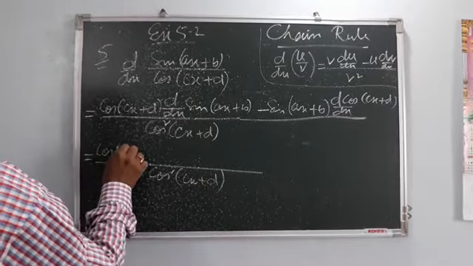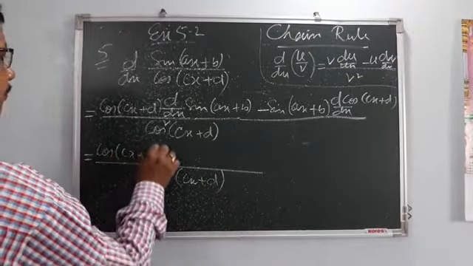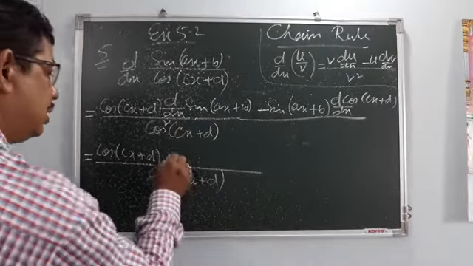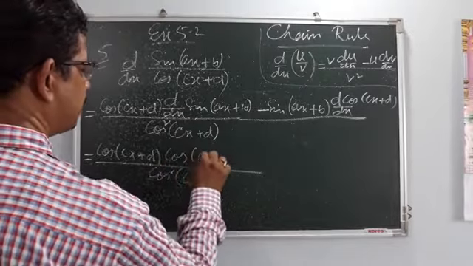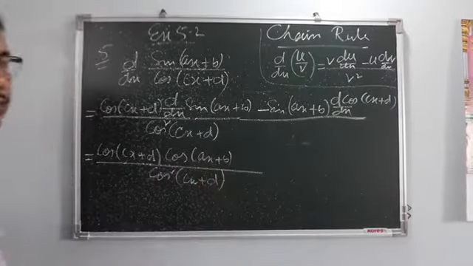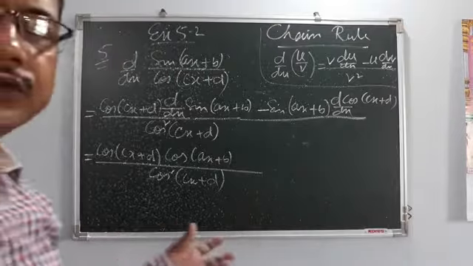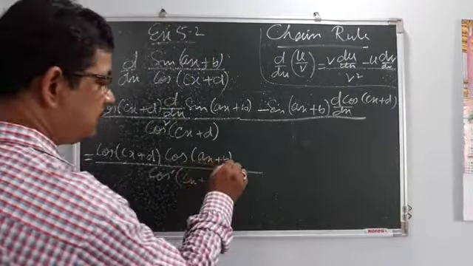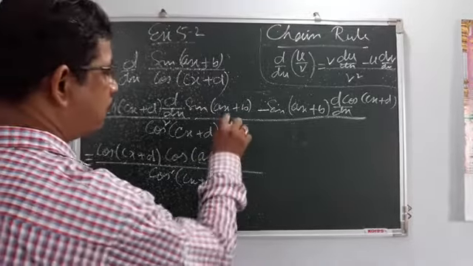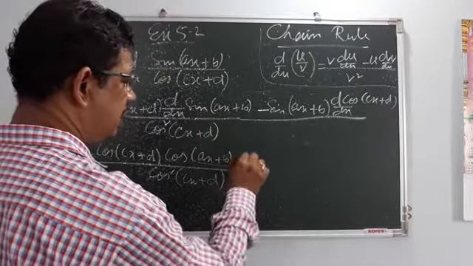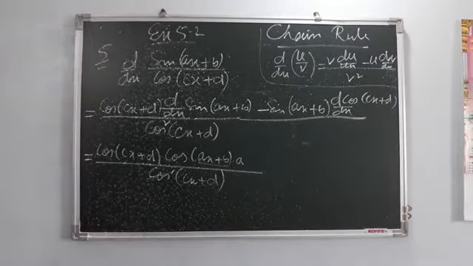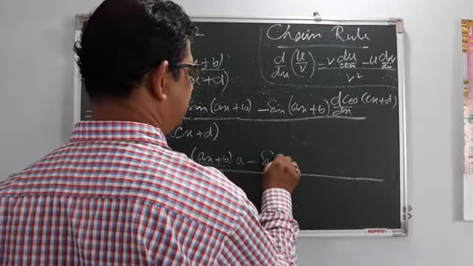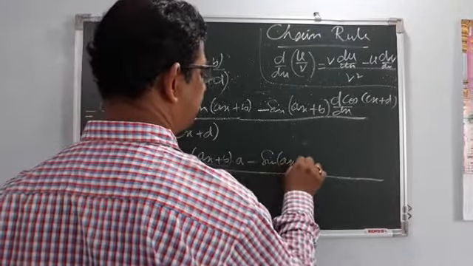So if we use this as chain rule, cos of this is the same, cos(cx+d). Differentiation of sin(ax+b) with respect to ax+b is cos(ax+b). I am skipping this step because we have already done this type of sum. Then differentiation of this with respect to x: of course, differentiation of ax is a and differentiation of b is 0, minus sin(ax+b).